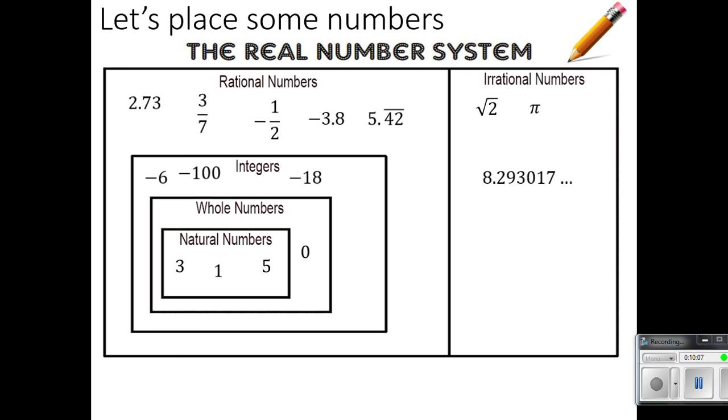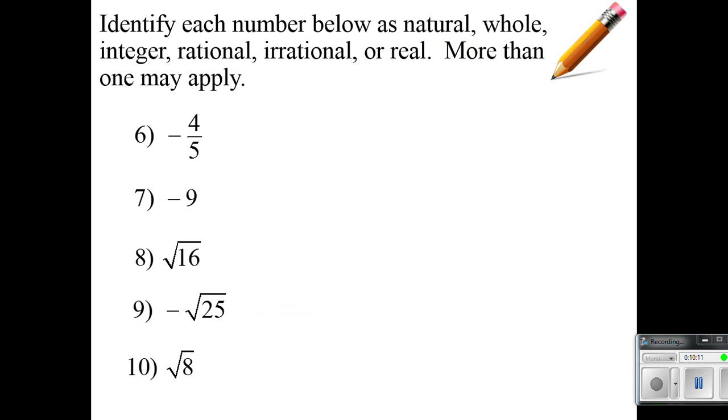All right, now that you have these in your notes, we're going to go ahead and identify each number below as a natural, a whole, an integer, a rational, an irrational, and/or real. More than one may apply. So I want you to think about the nesting dolls, or think about the visualization of the real number system that you have in front of you. -4/5.